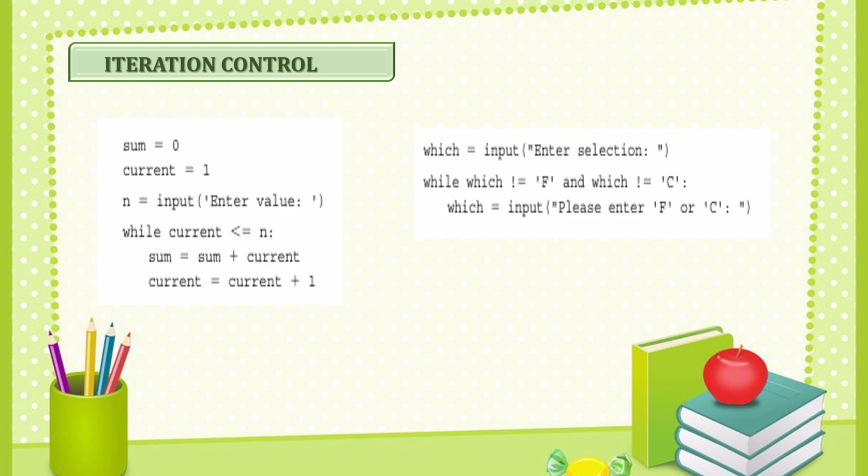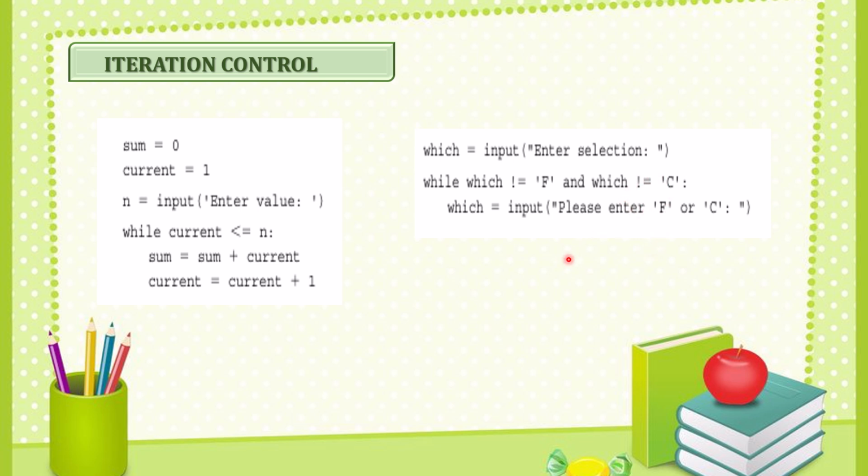Moving on to the next thing, here we can see the example for the definite loop. As I have already told you, till the current value is less than or equal to n, the loop will occur. Once it meets the condition, the loop will be terminated. But here we have a value called which, and it's getting an input. We are checking a condition: this value is not equal to f and is not equal to c.